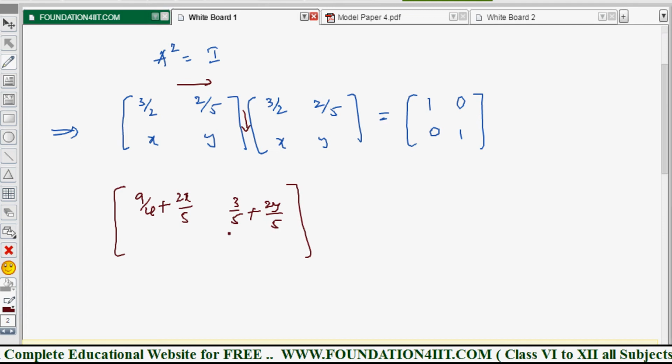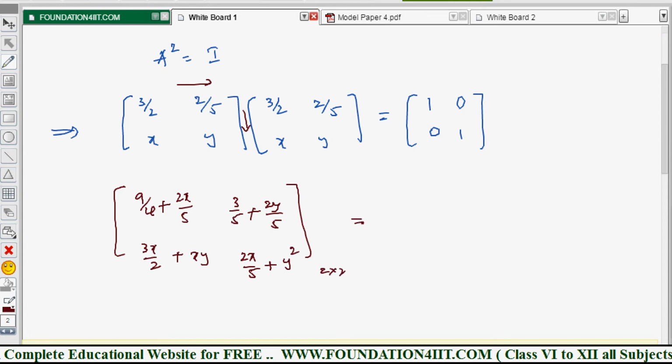This is the simplification. Second row first column is 3x by 2 plus x into y, and second row second column is x into 2 by 5, that is 2x by 5, plus y into y is y square, following the same matrix multiplication order.